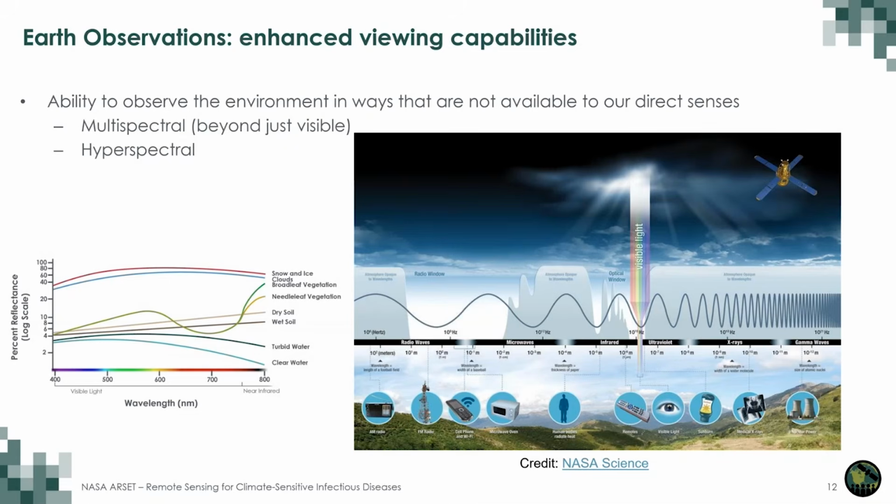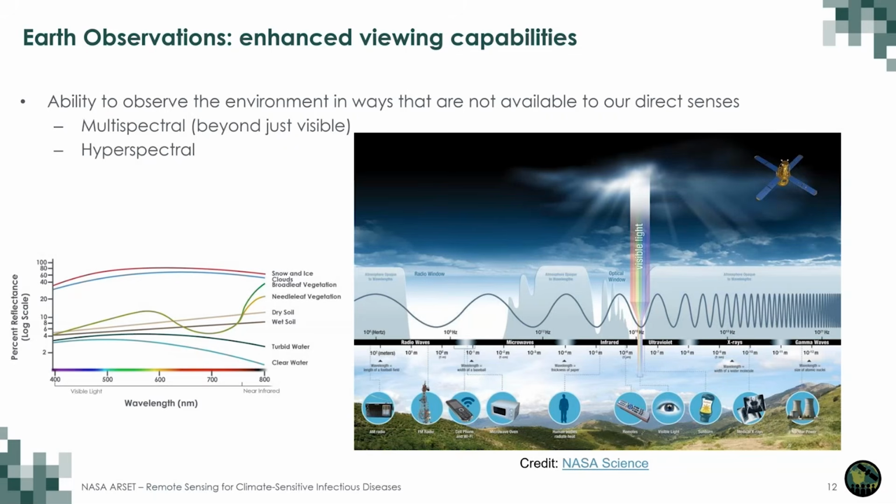But if you look at the graph on the left of the screen, I just wanted to draw your attention to the fact that the scale here is a log scale, so the responses differ quite a bit.